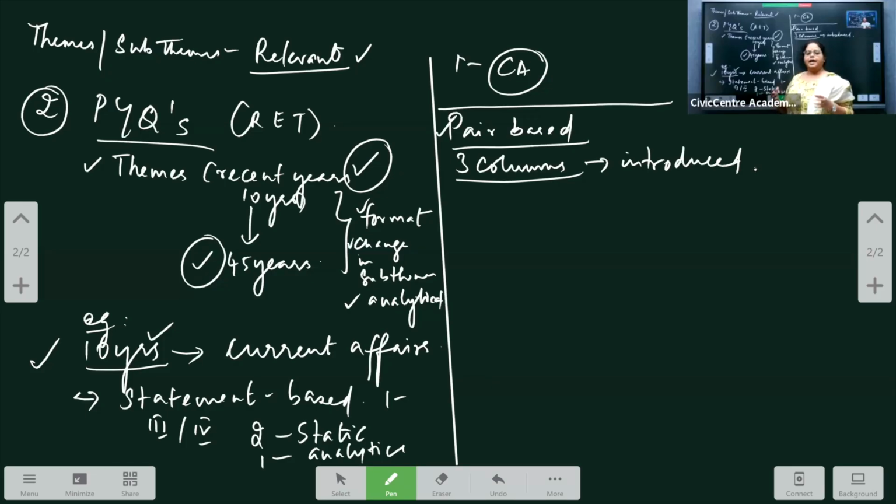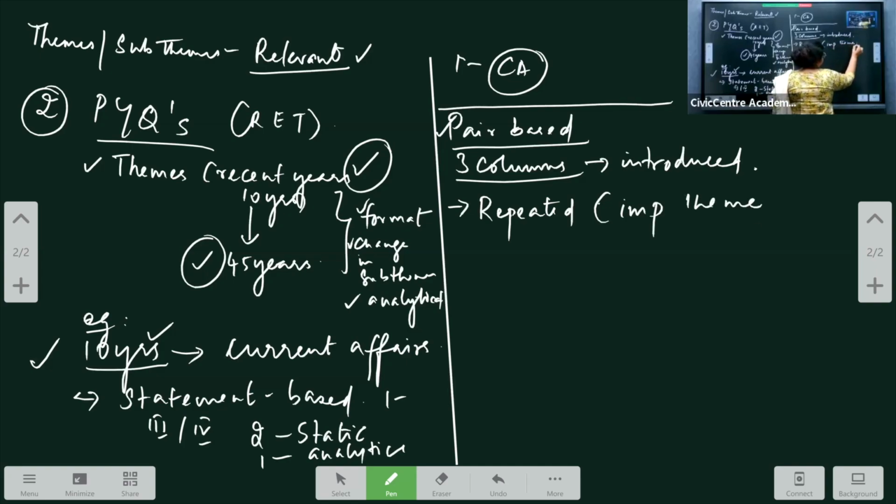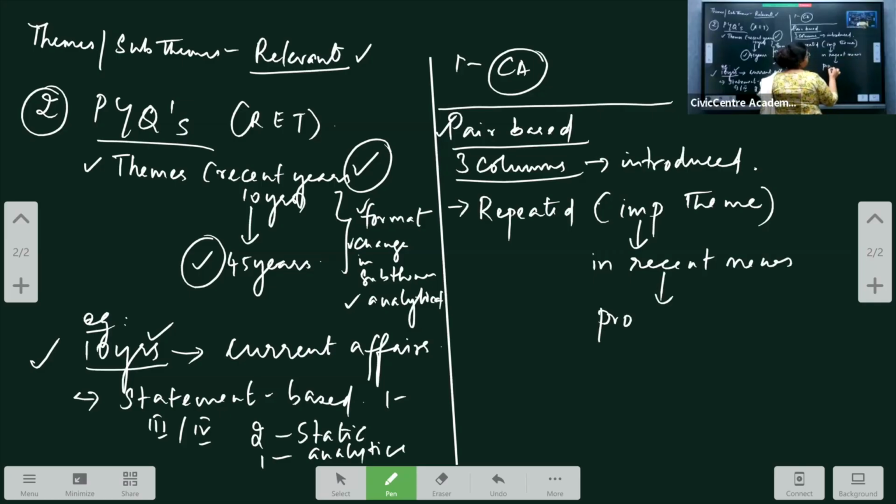So you need to identify, and you also need to see how many times a theme is being repeated. If it is being repeated frequently since 45 years, that becomes an important theme. And if that important theme is there in the news recently, you can consider it a probable question.